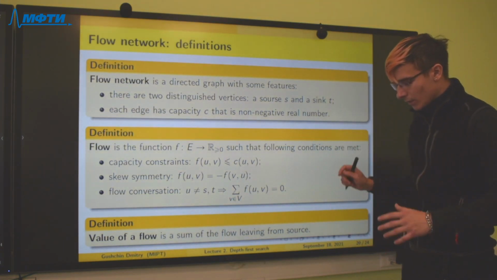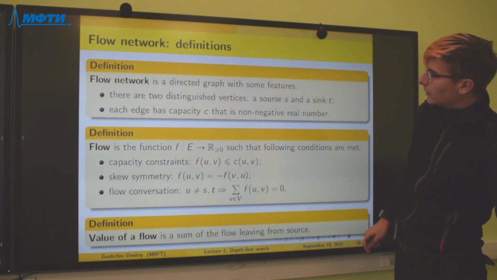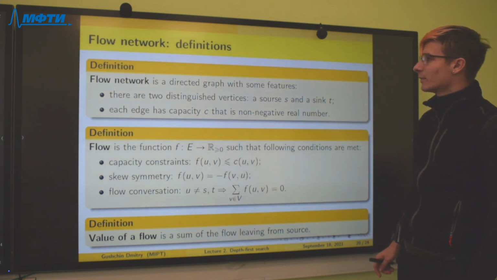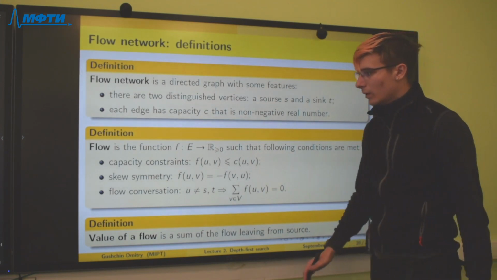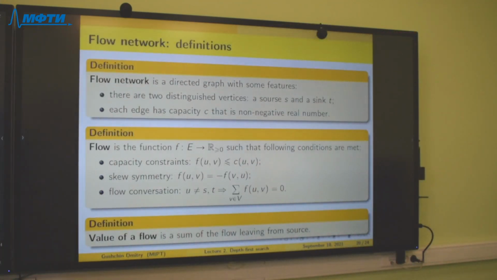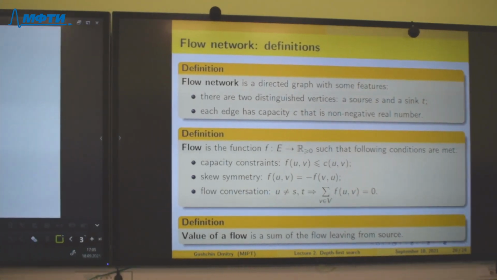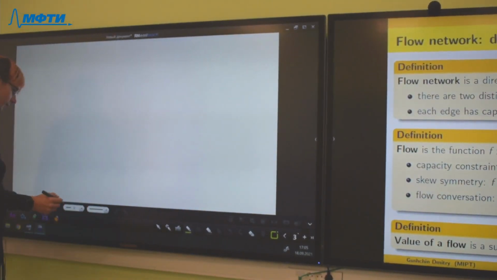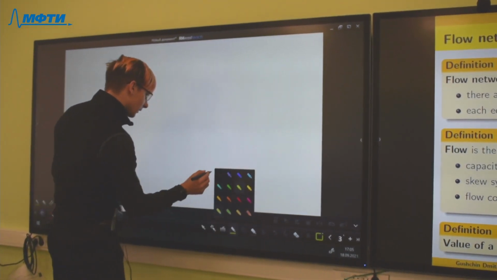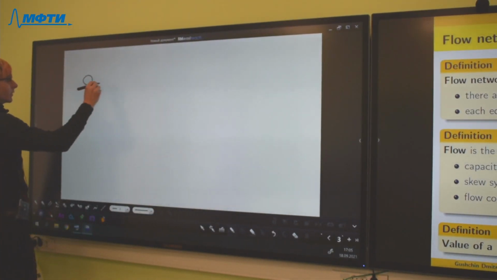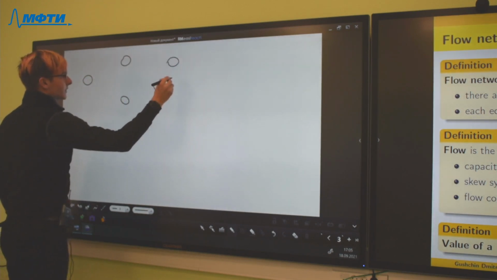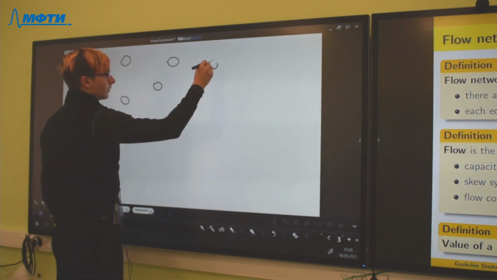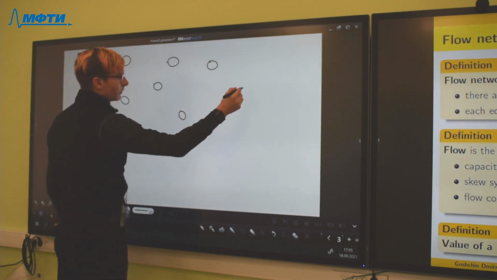There is another class of graphs that we need to explore. I can draw an example of a flow network to understand the definitions. For example, if we have some vertices, we can represent them in the plane.